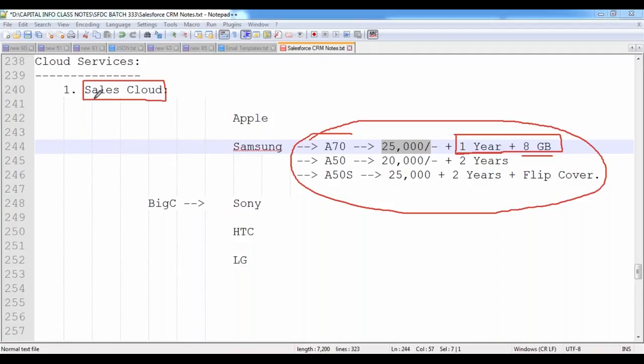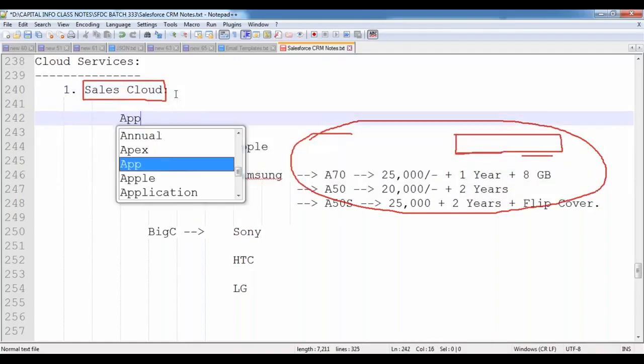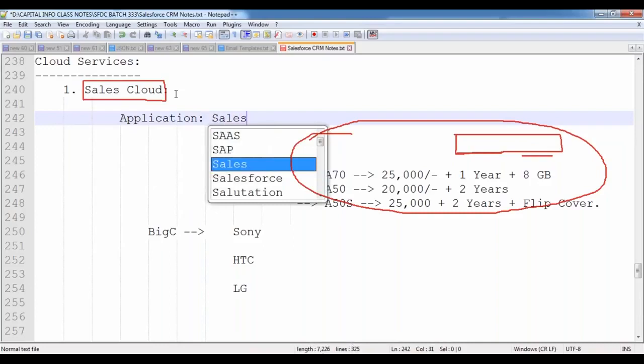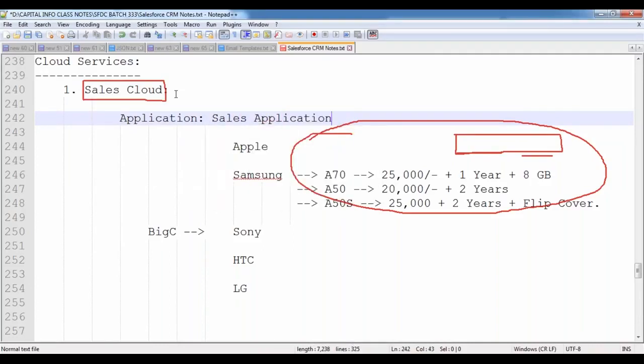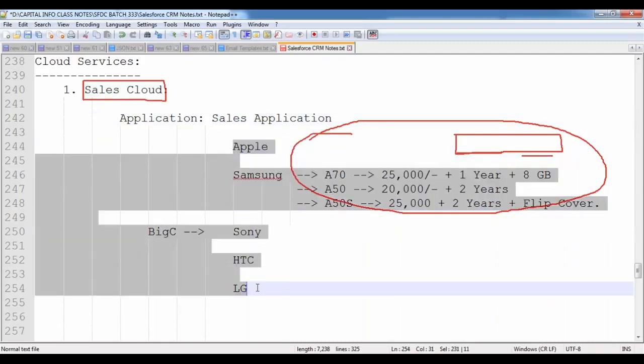Then how can we automate this? Is Salesforce giving a ready-made application to automate all these features? Yes, Salesforce has given an application called the Sales application. Sales is a ready-made application which has been given by Salesforce as part of Salesforce CRM, which contains all the features inbuilt to automate all the sales-related processes.